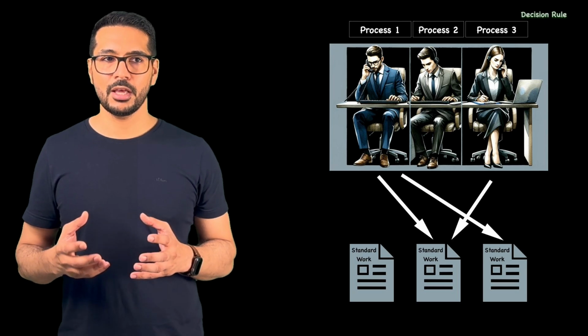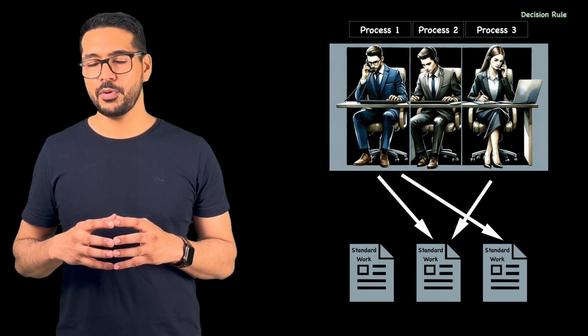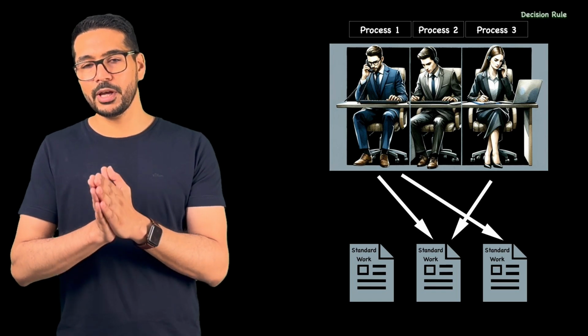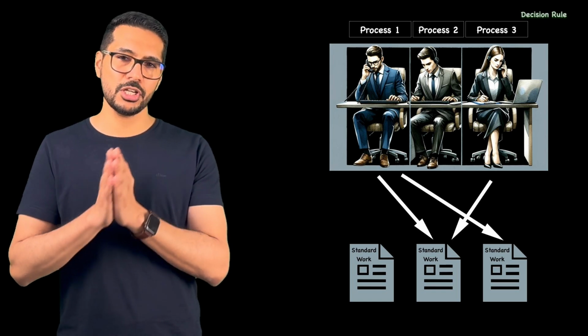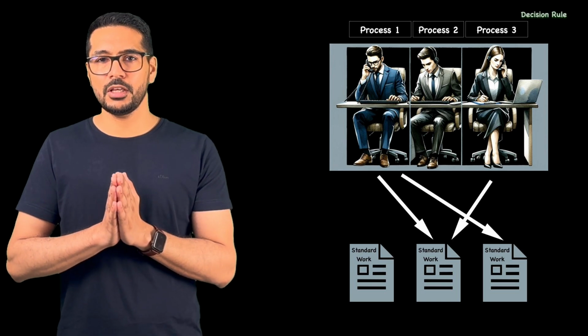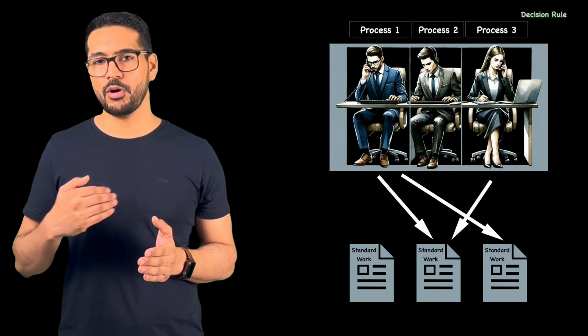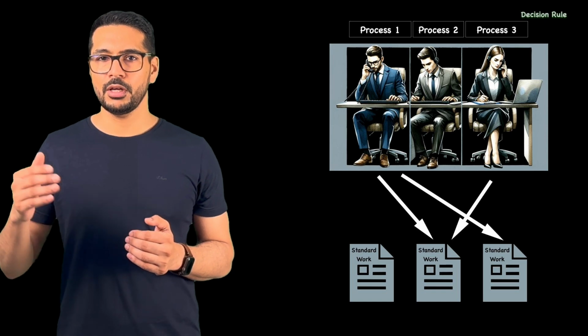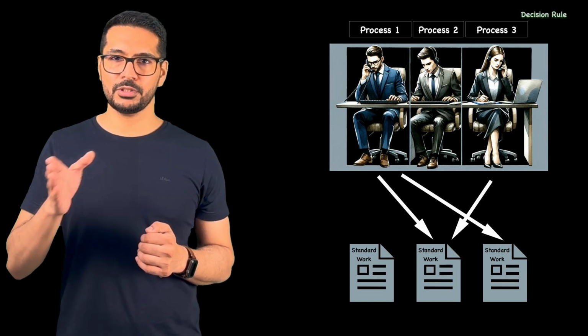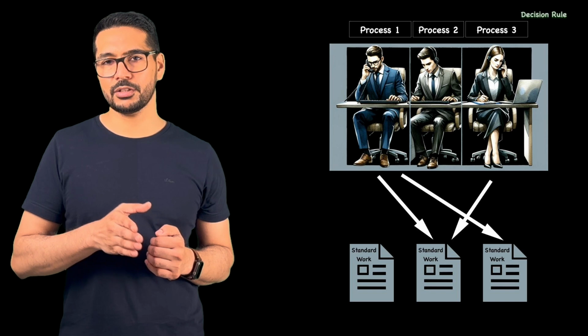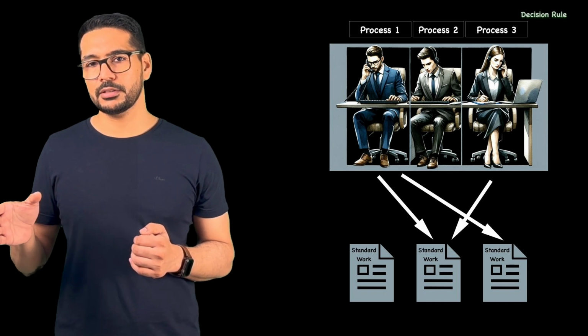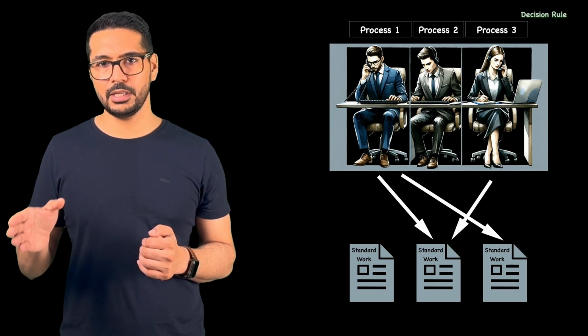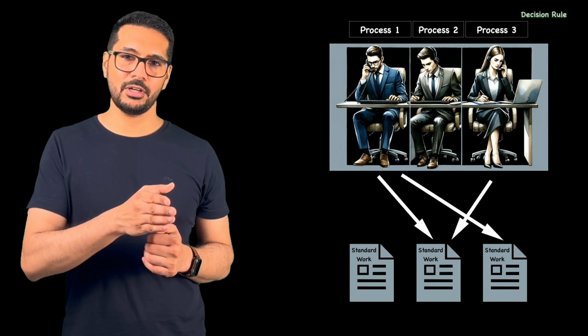And additionally, cross training is very important. When we set such decision rules about who can help whom in what conditions, that makes sense only if we have done the cross training in advance. So we know process number 3 should help process number 2, but in that case we have already imparted the training to process number 3 so that they can go anytime whenever it is required.